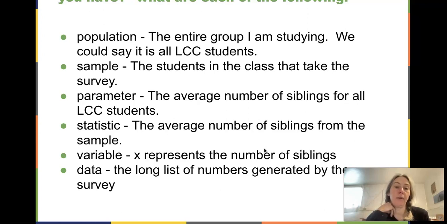So that's my sample. The parameter is the average number of siblings for all LCC students. So notice it is the average, but it's the average from the population. And the statistic is the average from the sample. My variable is the number of siblings, and X represents that. And the data is all the numbers that I got from the survey.